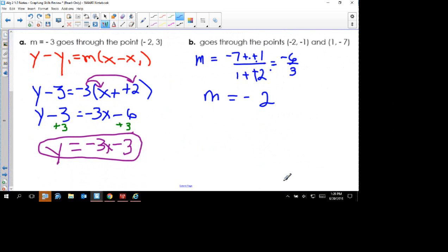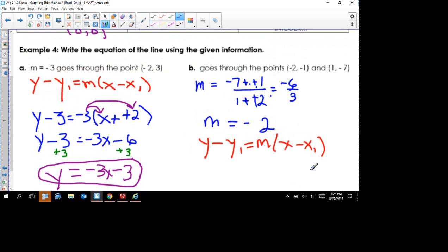So let's memorize less things. Point-slope form is y minus y1 equals m parenthesis x minus x1. You can choose whichever point you want. Most people just go with the first one because that's the formula, but it does not matter. So I'm going to use the first one.